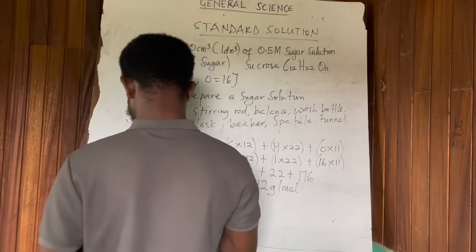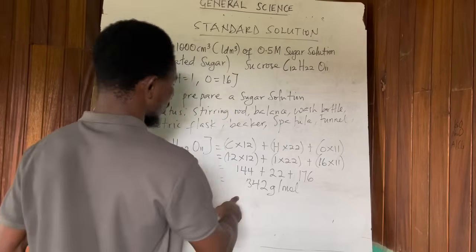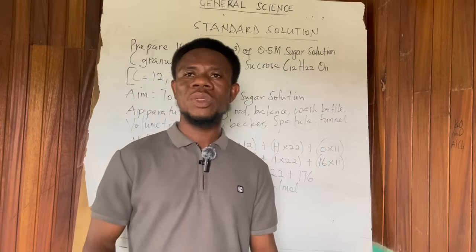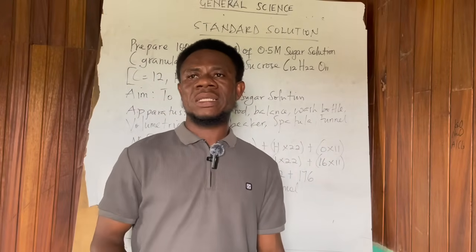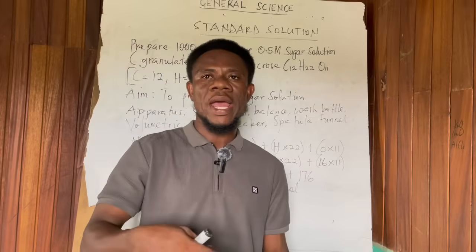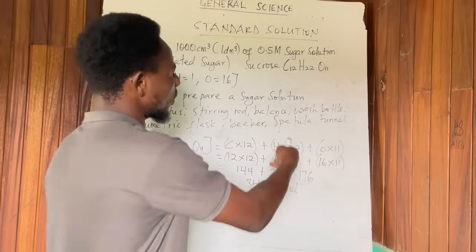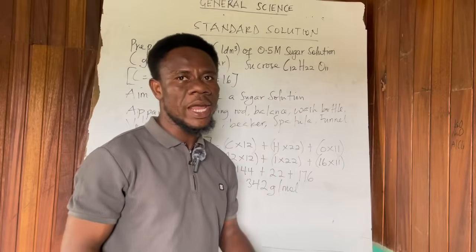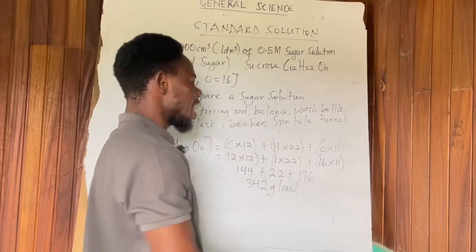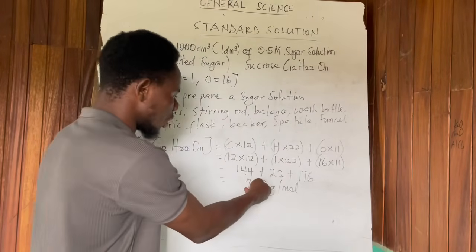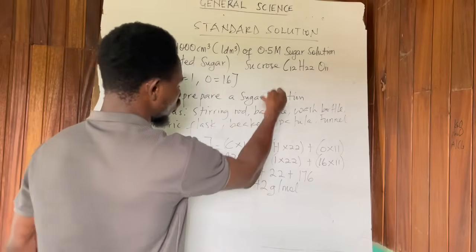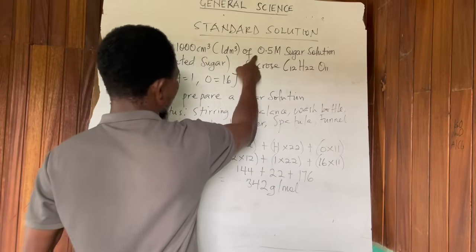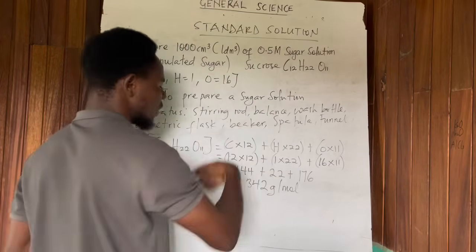This is the molar mass of the sucrose. Now, don't also forget your mass. You have to use the mass because it is the mass we are going to weigh. Don't forget we have to prepare 0.5 molar sugar solution. This means you have to weigh your sucrose mass. How are you going to find your mass? You use the molar mass of the sucrose, your volume, and your concentration.